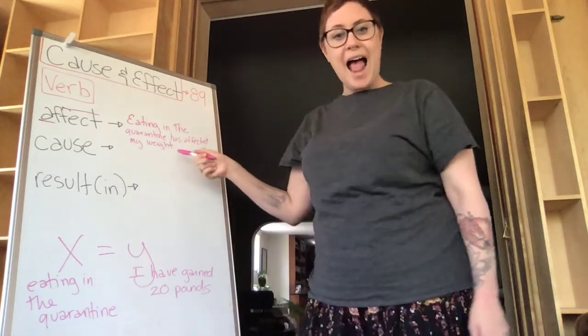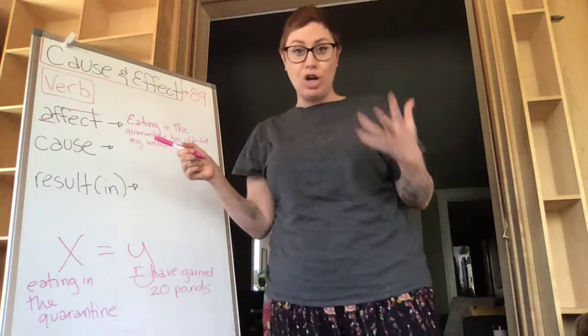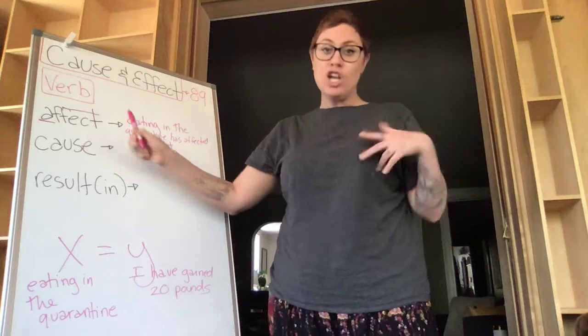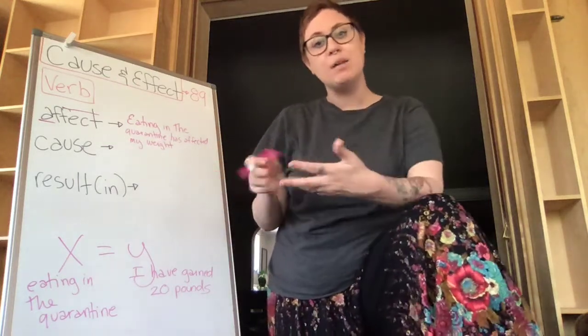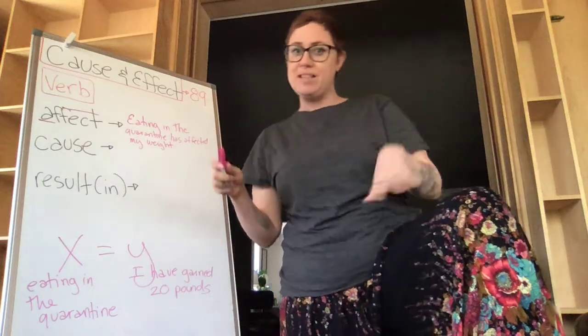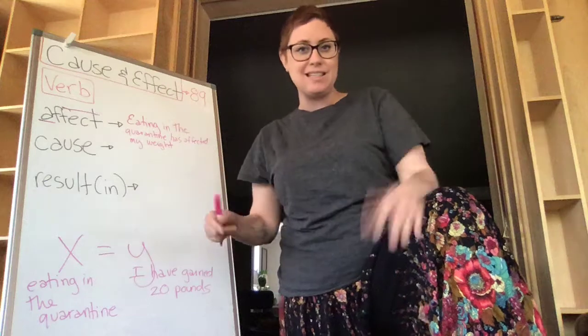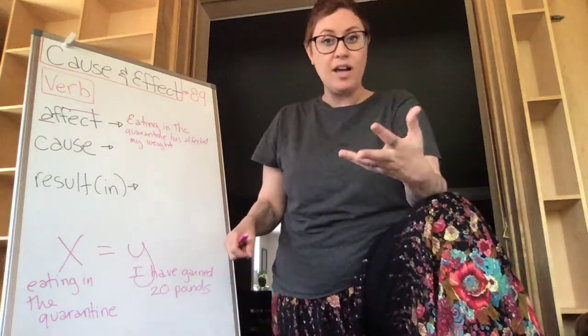So here, has affected is the present perfect tense of this verb affect. Because this is a verb, I can put it in any tense. I can put it in the simple present, I can put it in the past, I can put it in the perfect tenses, I can put it in the future. It's a verb. I can do anything I want.